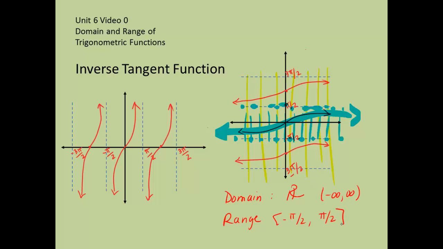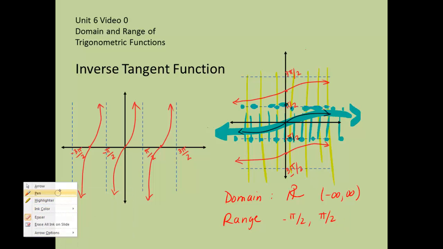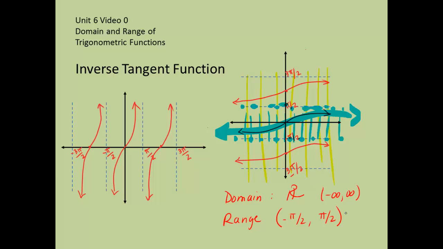But I'm not going to write these as square brackets. I'm actually going to erase those. Because of the asymptotes, I'm going to have to use soft brackets because I'm not actually including those endpoints as part of the function. The asymptotes are translated into these soft brackets. And this is the tan inverse or the arctan of x.